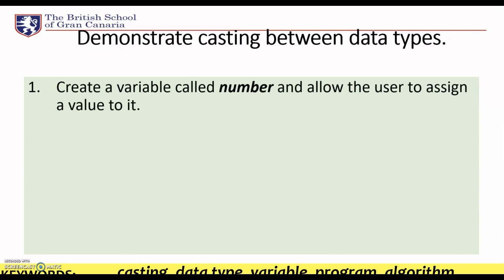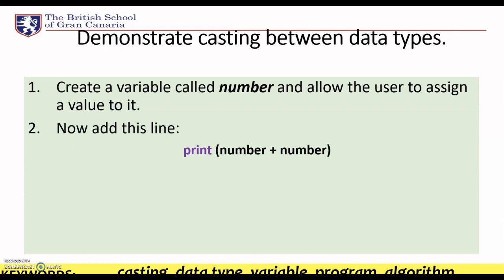Create a variable called number and allow the user to assign a value to it. Then add this line: print number plus number. Give that a go, run the program and see what happens. Pause this video, try it, and then play the video again and I will show you what happens.